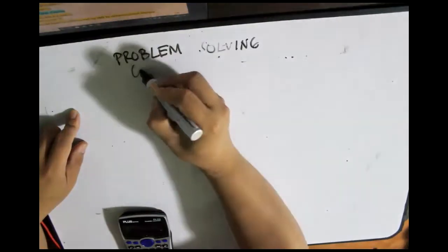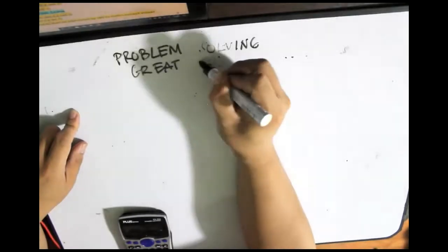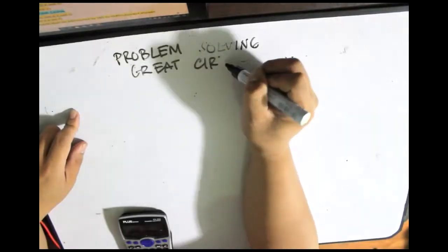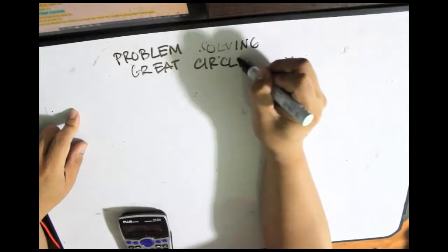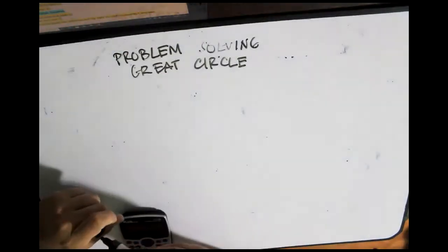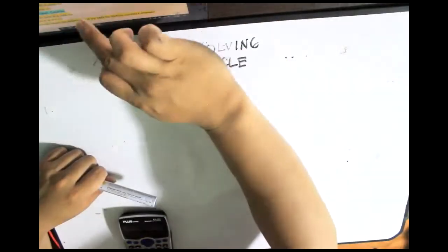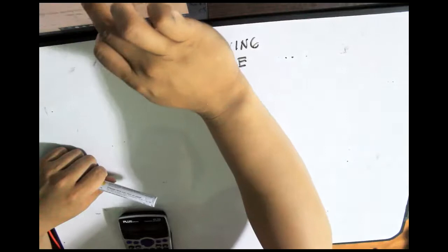Great circle. Okay? Now, we will calculate for the great circle track, okay? Ito, problem solving natin.